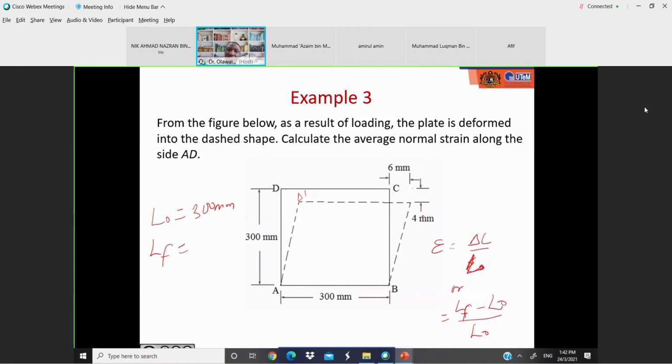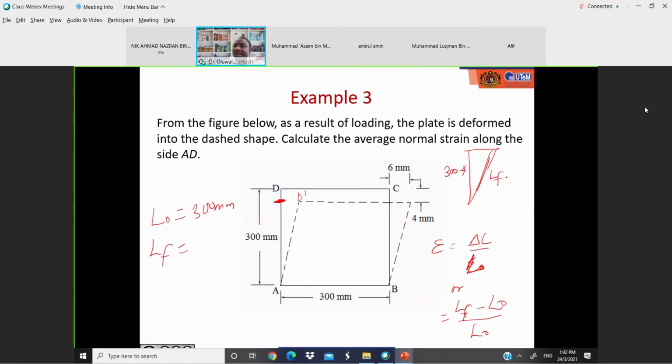From here to here is 4. From here to here is 6. Okay, somebody said 300 minus 4. Now, from here to here is 300 minus 4, which is different from here to here. So if I bring out only this one here, this is 300 minus 4, but this is what you want to calculate.